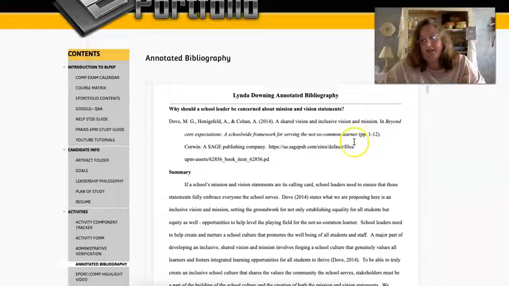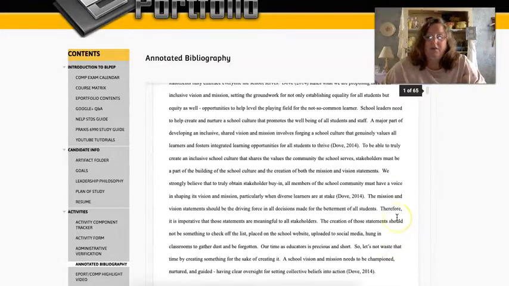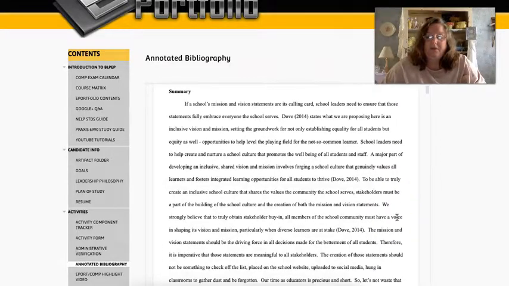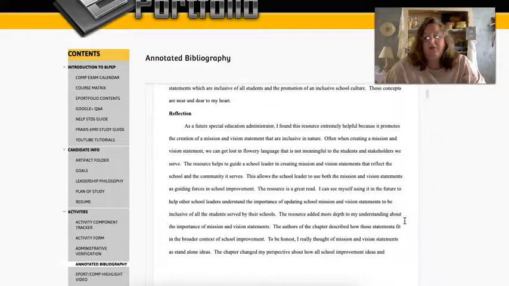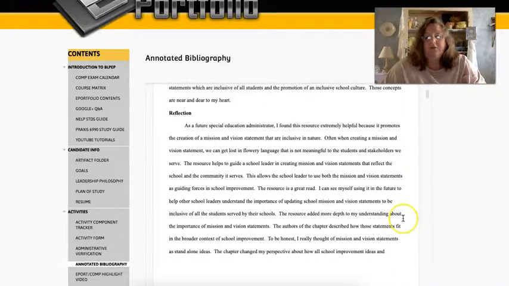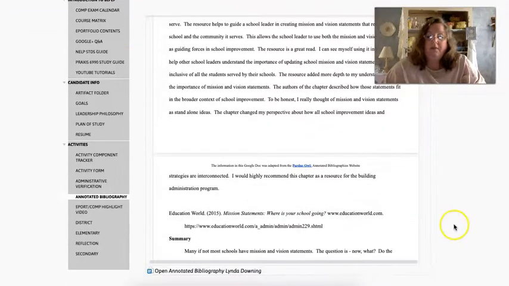See, Dr. Moody, it steps down like it's supposed to. All of those are completed with the summary, assessment, and reflection for each of the 33 articles that we were required to have, with a minimum of 150 words apiece.